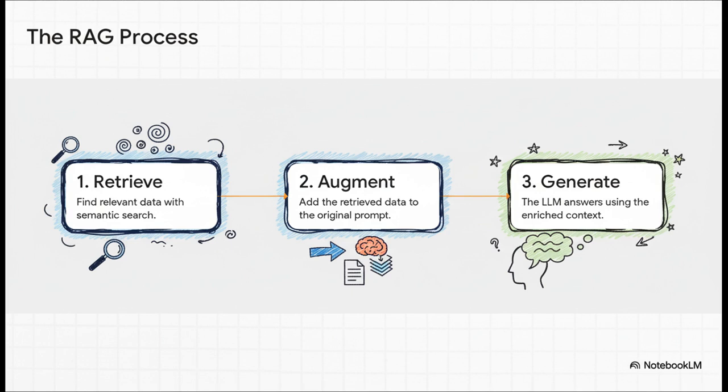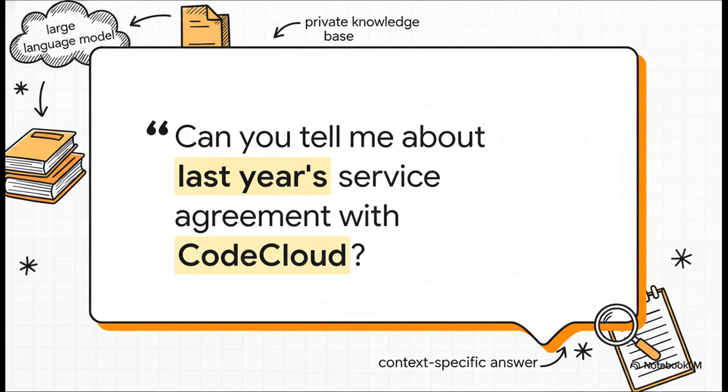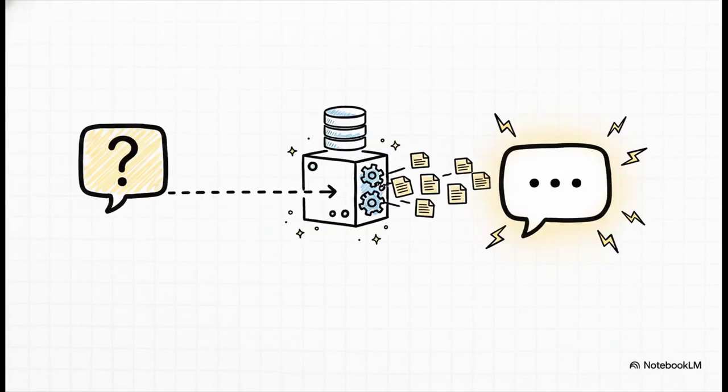So let's walk through that company document scenario again. A user asks a simple question like this. Without RAG, the LLM has no clue what Code Cloud is or what service agreements you have. It would just make something up. Now, this is where the magic really happens, that augmentation step. This all goes on behind the scenes.